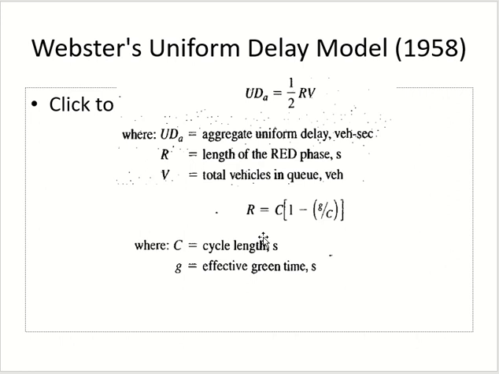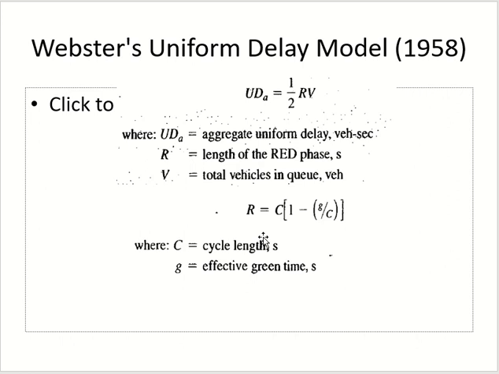Okay? So we'll start with R. What was R? Red time, right? We have a small g which is called effective green, the time in which the vehicles are moving at saturation flow. G upon C, where C is the cycle length.